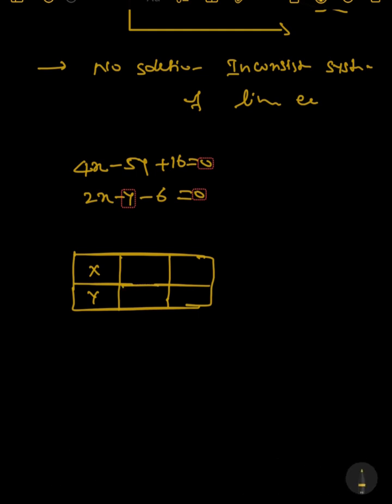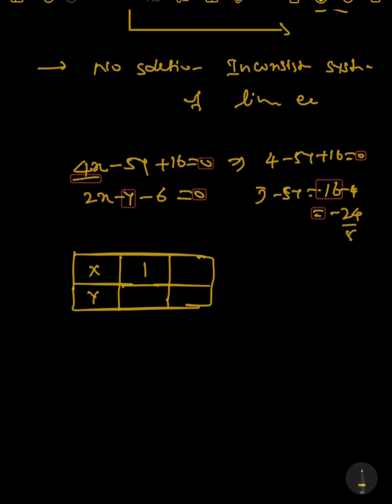So putting x equal to 1 here, then what will we get? 4 minus 5y plus 16 equal to 0. So we will get minus 5y equal to minus 20, so y will be 4.